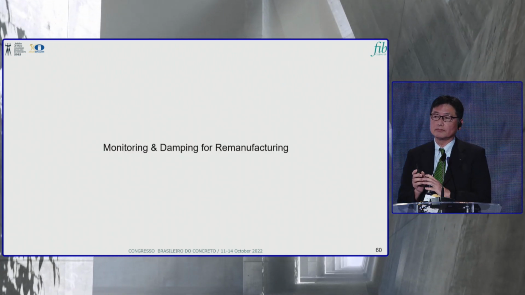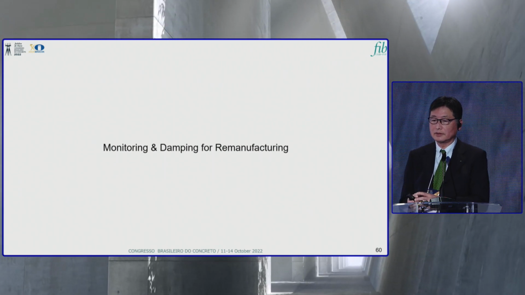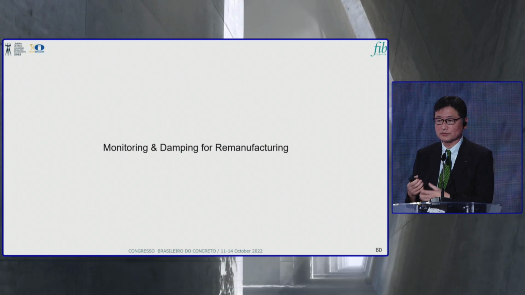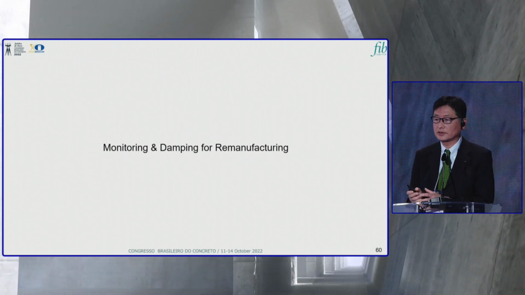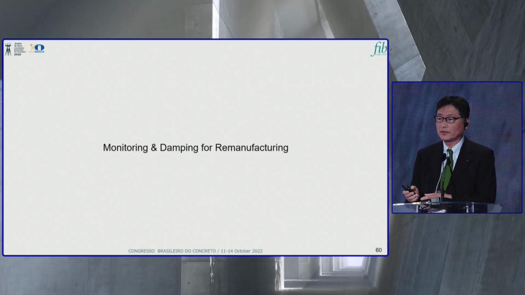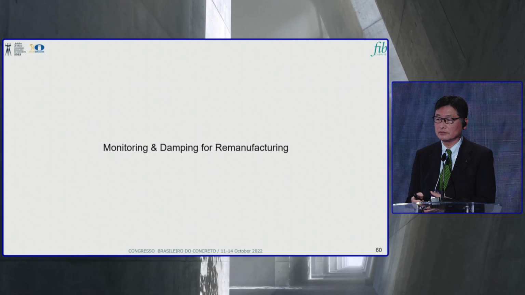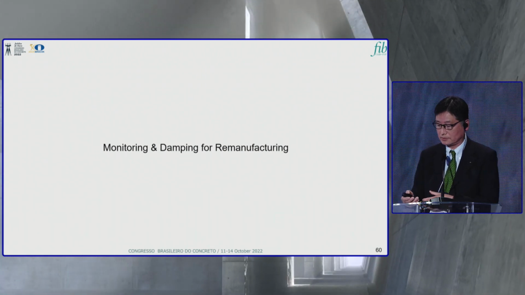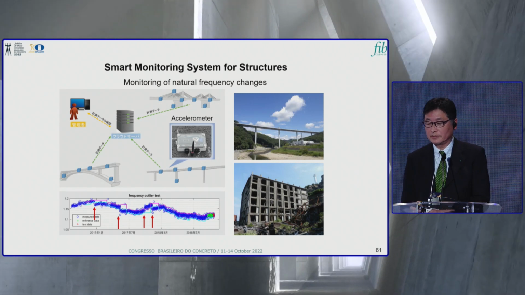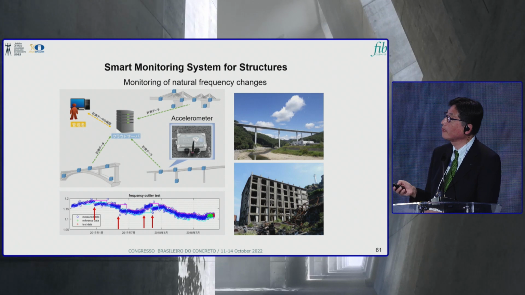Okay, so during service of the precast and unbonded tendon structure, especially since my country has earthquakes, we have to monitor the structures, and sometimes in order to avoid any damage during earthquakes, we have to combine with base isolation and damping of the structures. I'll show you a little bit. We already have a very sophisticated system.